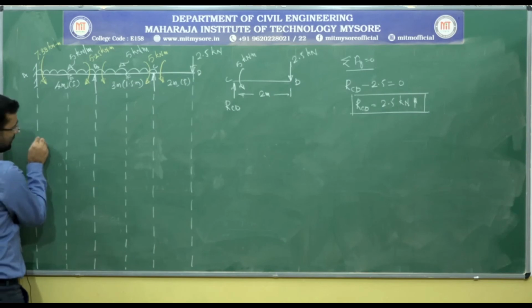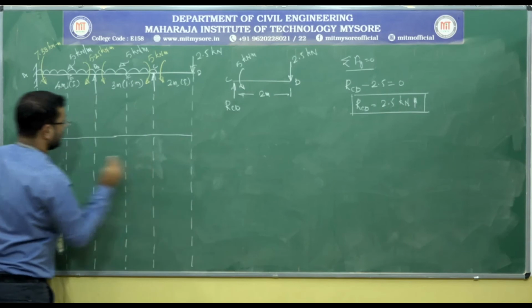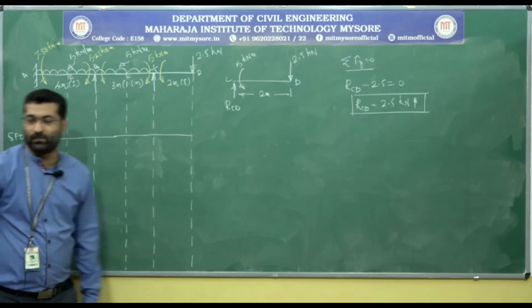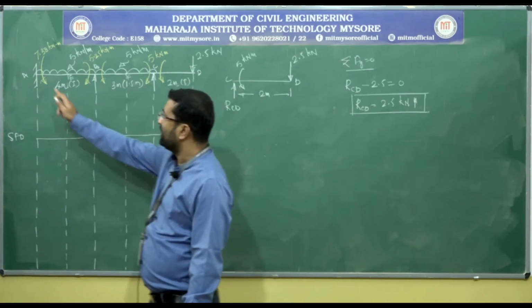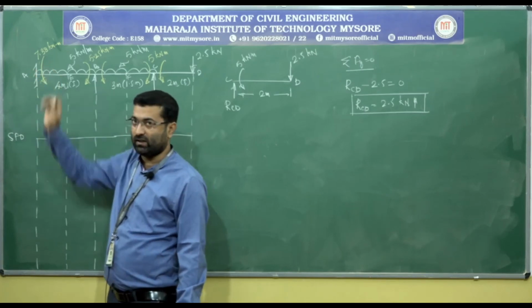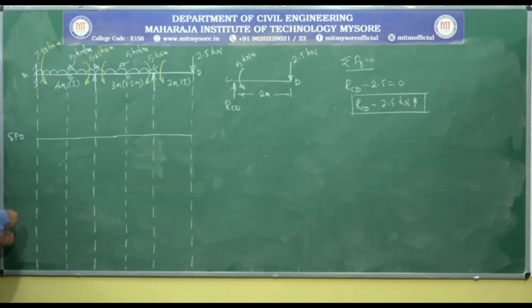Now let me consider this as the datum line for the shear force diagram. As per our calculations, at A we have a positive reaction RAB, which is acting vertically upwards. So let me take the line vertically upwards.